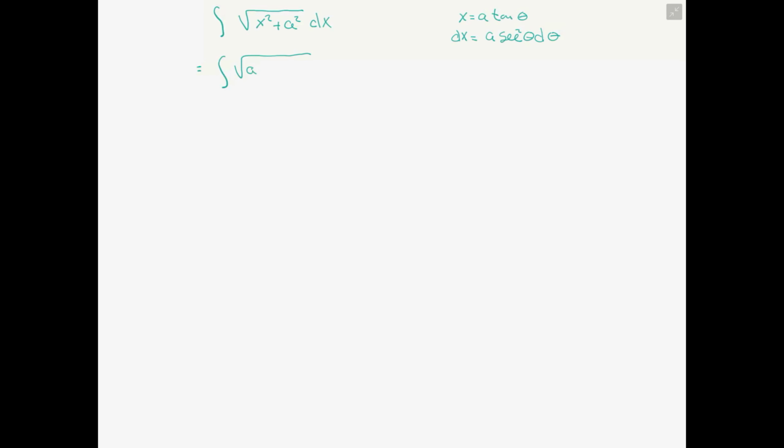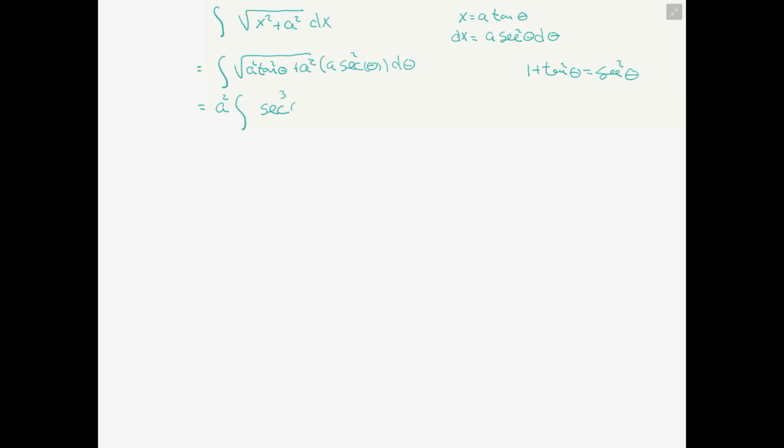And if we now go to a squared tangent squared theta plus a squared times a secant squared theta d theta, we know what's under the square root is equivalent to, we got 1 plus tangent squared theta equals secant squared theta, just as a reminder.